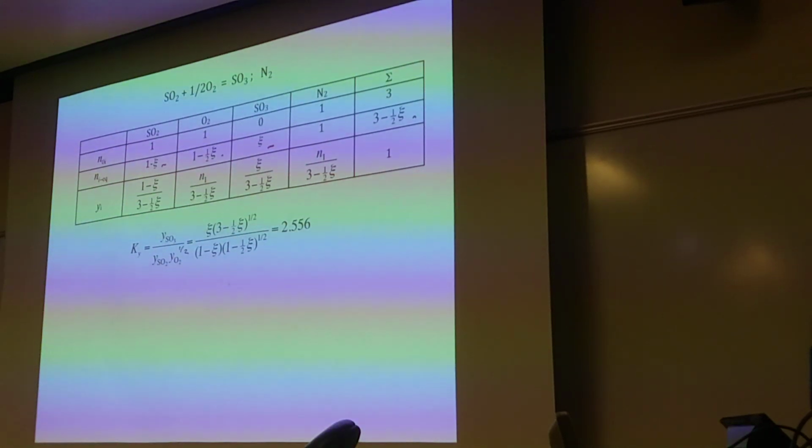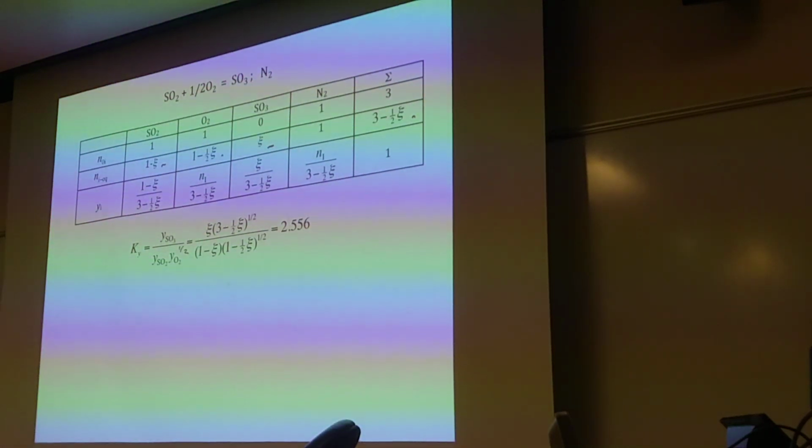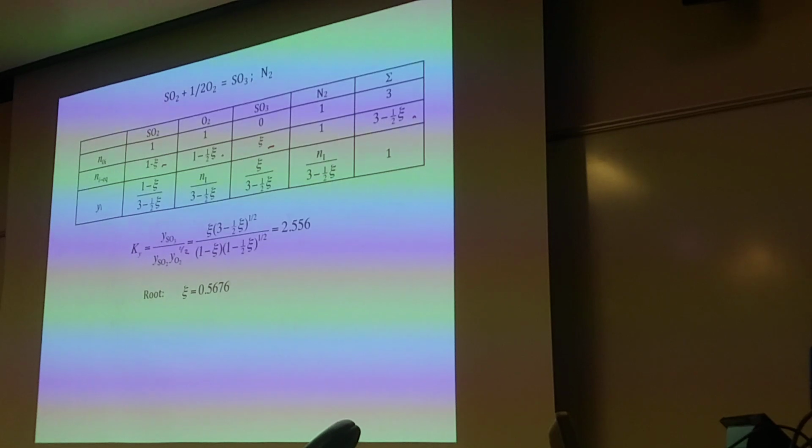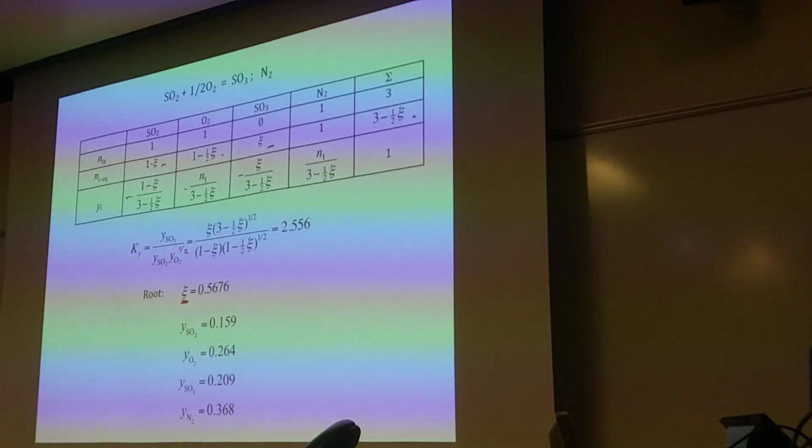So now I need to solve for the root for this expression. And that gives me a value of 0.5676. And I can take that value of xi and go back here and calculate each of the mole fractions, which turn out in this case to be the following. So the problem is therefore solved.